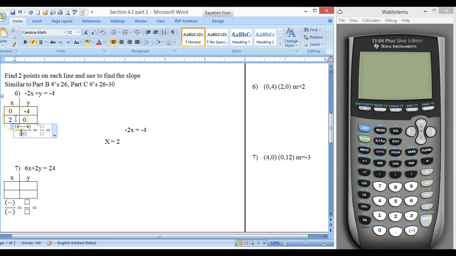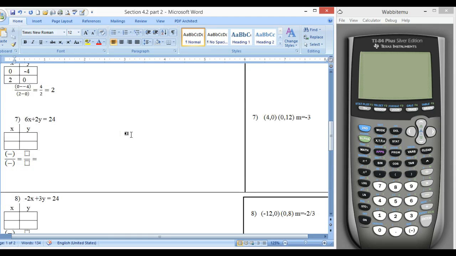So I do 2, and then I have negative 4 for the y, so its x was 0. And 0 minus a negative 4, those become positive, so that's a positive 4. 2 minus 0 is 2. 4 divided by 2 gives me a slope of 2.